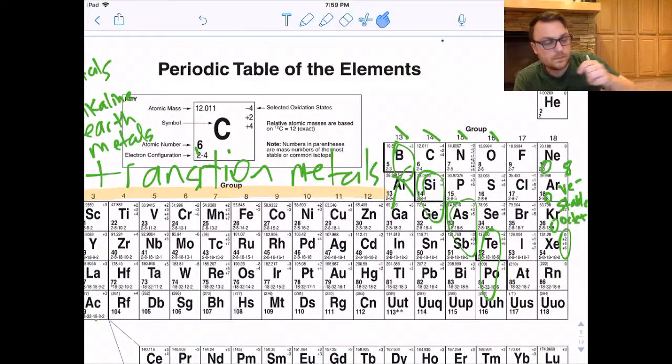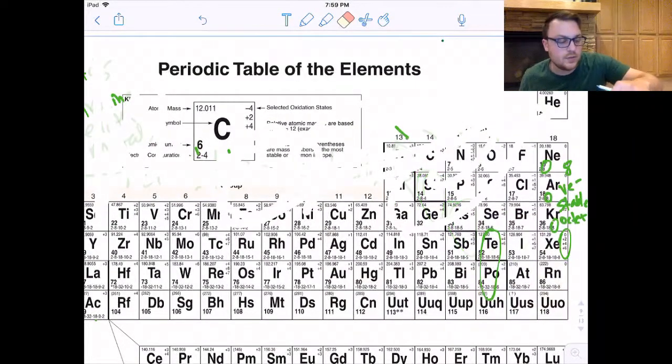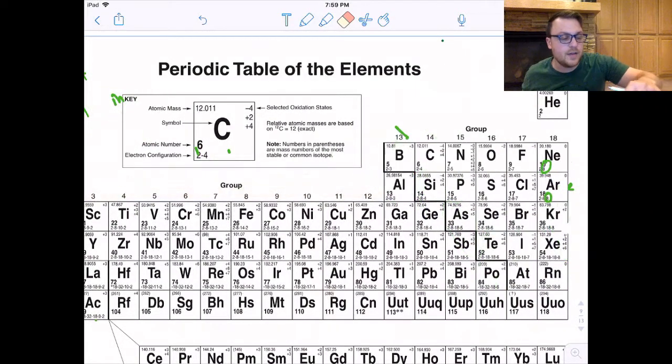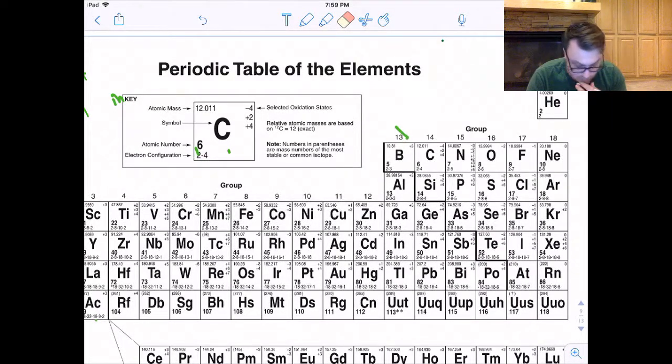So, let me make sure I didn't miss anything. I got to define some of these terms, but let me double check my outline here that I did not miss anything. I don't think I did. You want to always double check. You don't want to be doing too much off the top of your head.